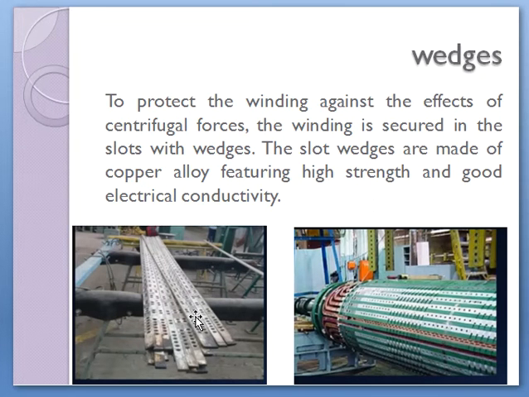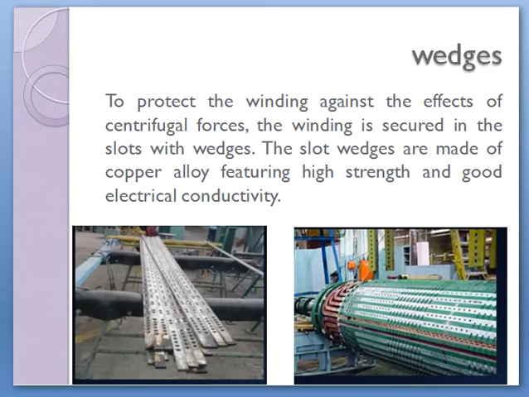Now we can see here, these are the wedges. To protect the winding against the effect of centrifugal forces, the winding is secured in the slots with wedges. These wedges are inserted in these slots after the windings are inserted.